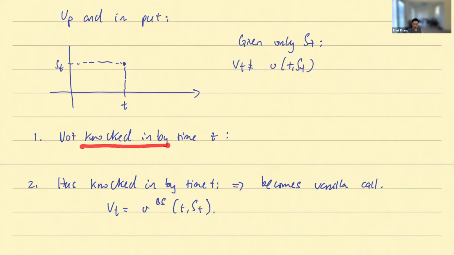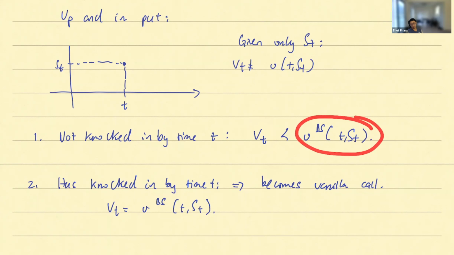But if it's not knocked in yet, then this definitely is true. Do you agree? If it's not knocked in yet, then the value of the option is definitely going to be less than the corresponding call option at that time moment.